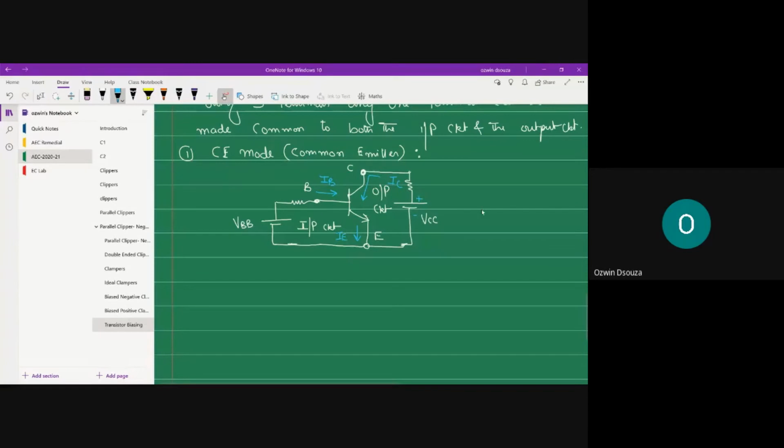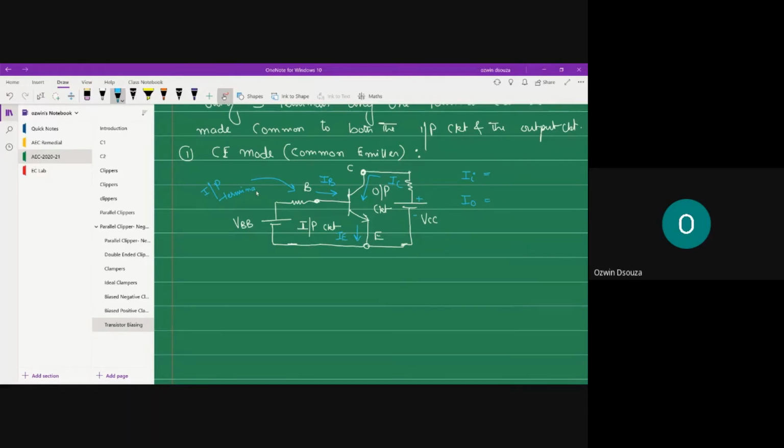Input circuit and output circuit. Now, the circuit diagram we have constructed. Please tell me what is your input current and what is your output current. What is your input current? This is your input terminal.